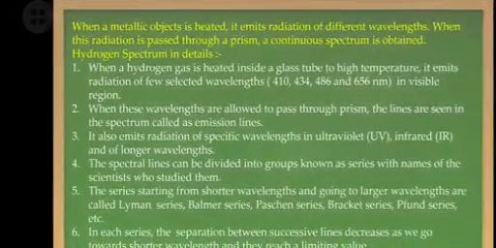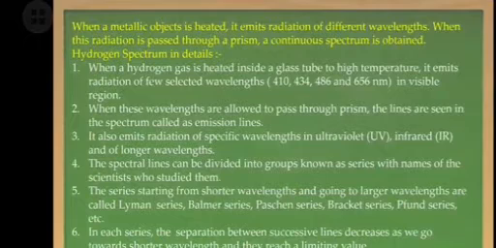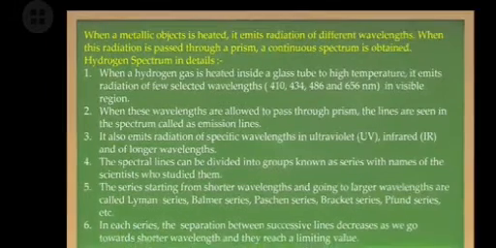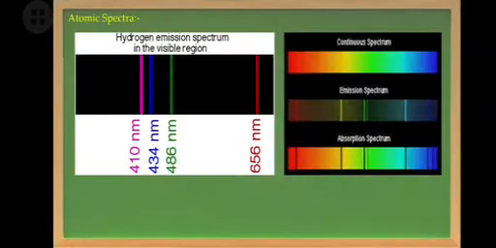These spectral lines can be divided into different series according to their wavelengths or frequencies, and these series are named after the different scientists who studied them. For example, the visible series which we observe in the atomic spectra of hydrogen was given by the scientist Balmer.